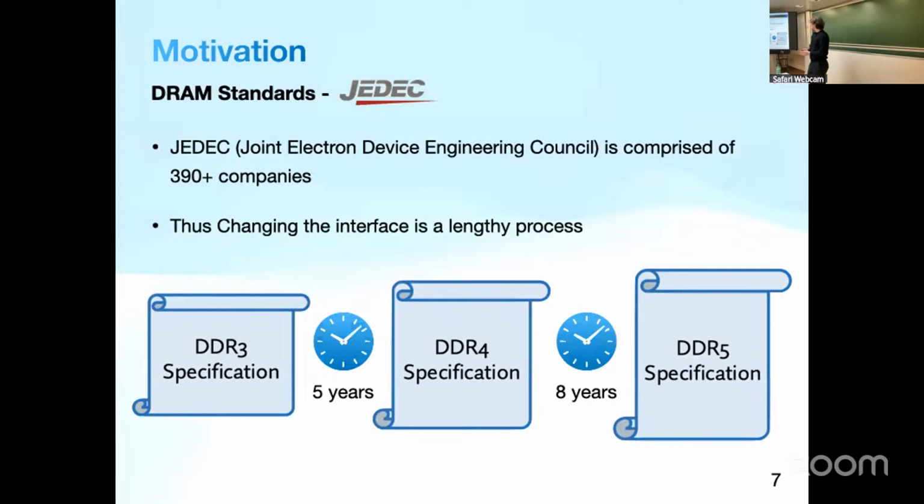The problem is that this is all controlled over the DRAM standard interface, which is decided upon by JEDEC, comprised of over 390 companies that have to make decisions together. Therefore, changing the interface is a very lengthy process. For example, it took 5 years to go from DDR3 to DDR4, and another 8 years to go from DDR4 to DDR5.